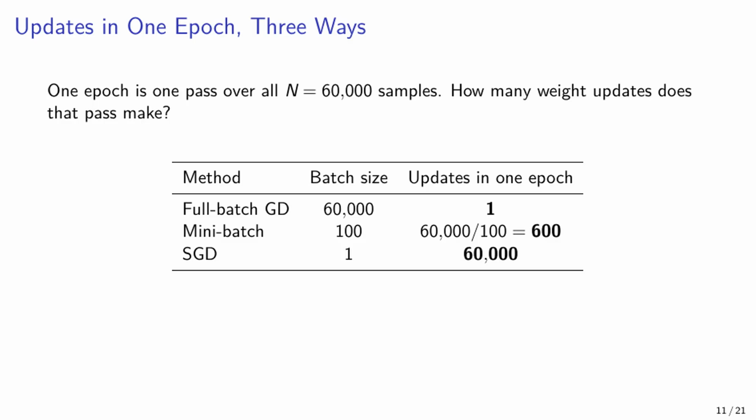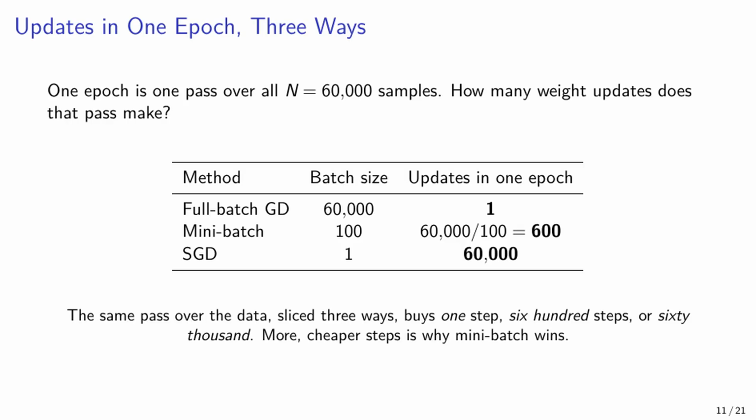And SGD, one sample at a time, makes 60,000 updates in the very same pass. The same pass over the data, sliced 3 ways, buys one step, 600 steps, or 60,000. More cheaper steps is exactly why mini batch wins.